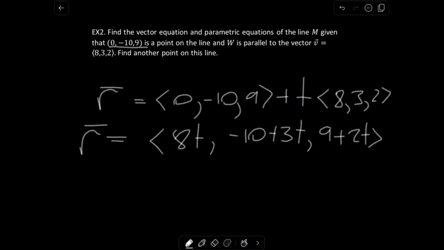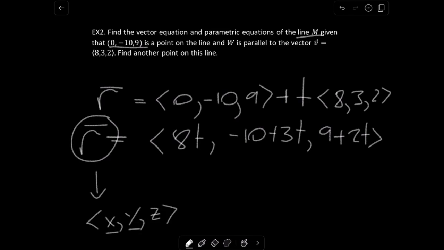Then we are going to get the parametric equations. We need to recognize that vector r is a position vector mapping from the origin to any point on this line M we are considering. Its components are points on the line, which we'll call x, y, and z. To get the parametric equations, we simply equate x, y, and z to those components respectively.